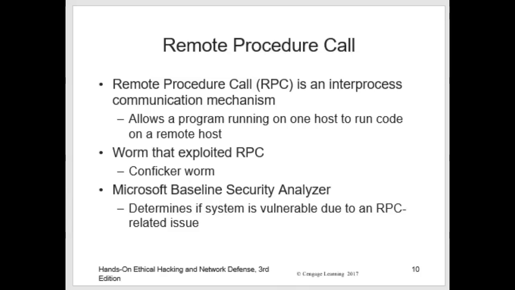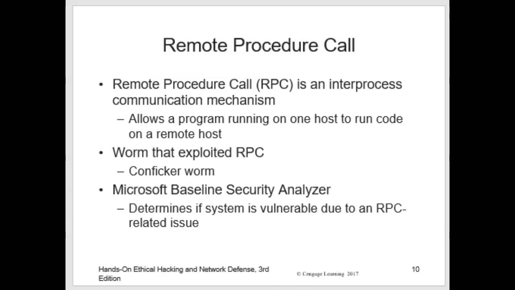And I mention that because embedded processes are the subject of the next chapter. So RPC is this inter-process communication that allows a program running on one host to run code on a remote host, right? Again, this can be dangerous. The Conficker worm, which is a virus, but a specific form called a worm, right?